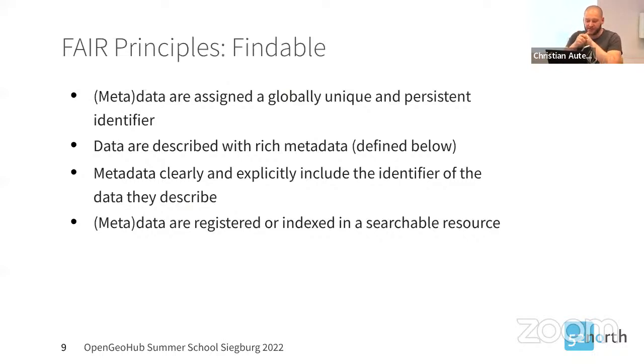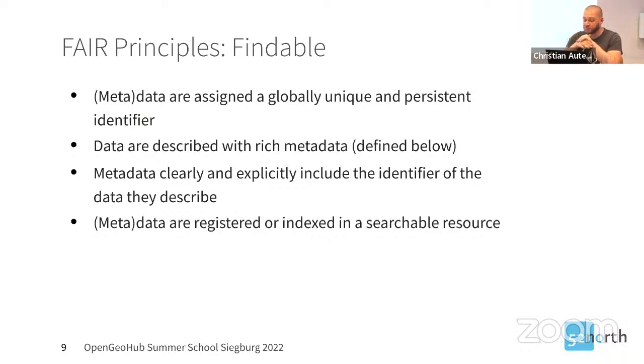But let's look at the details of the FAIR principles. So findable requires that there's metadata that has a unique identifier, a globally unique identifier. For the most part, this will be DOIs, but even a permanent URL would work.